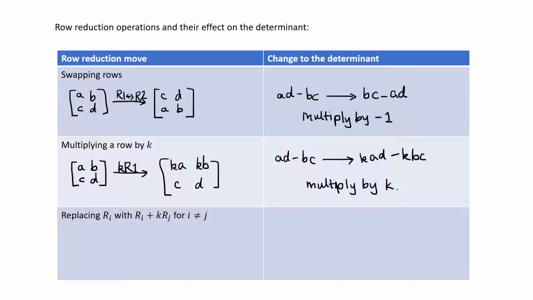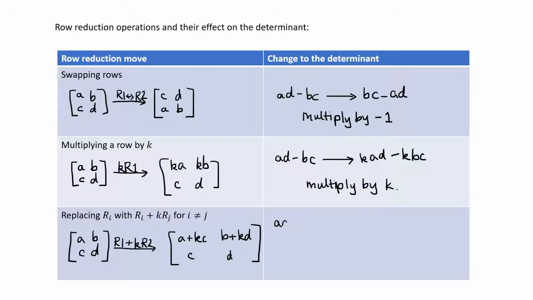Our final row reduction move is replacing a row with that row plus a multiple of another row. So in our example, we're going to have A plus kC, B plus kD, C, D. And let's take a look at what happens with our determinants.